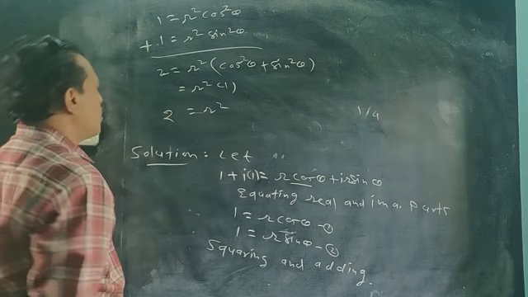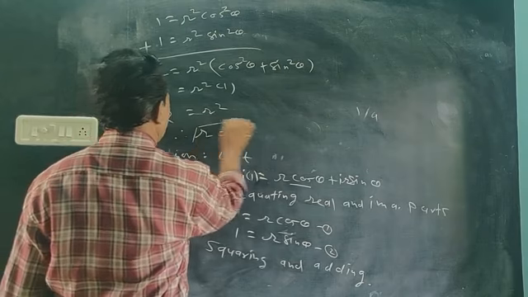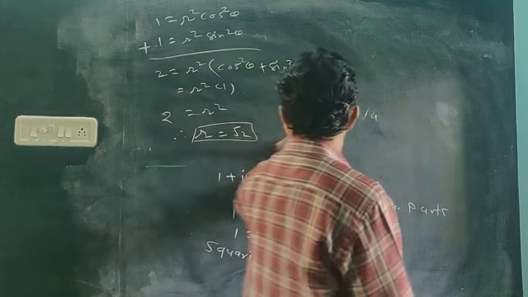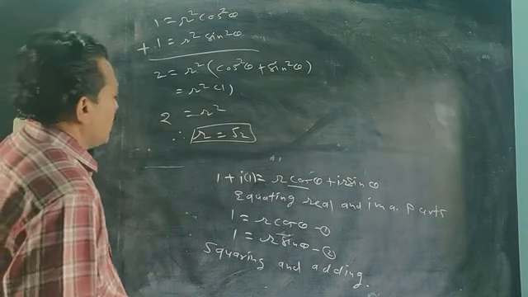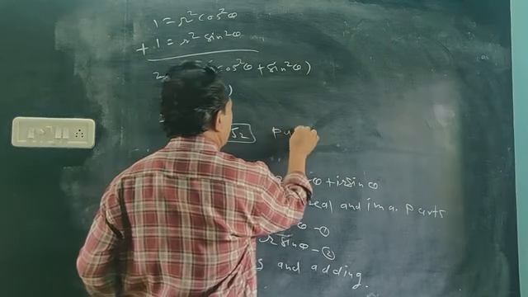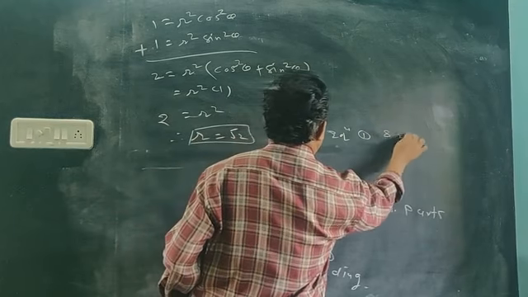So r square is 2. Therefore r will be root 2. Okay. Now for theta, put this value of r in equation number 1 and 2.